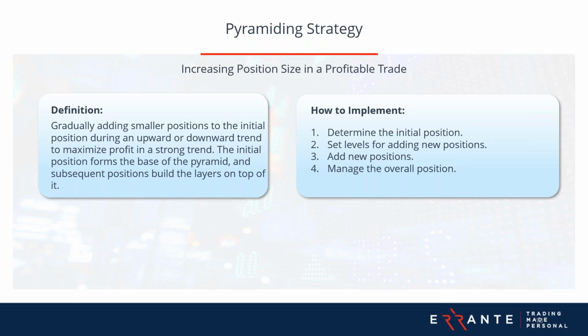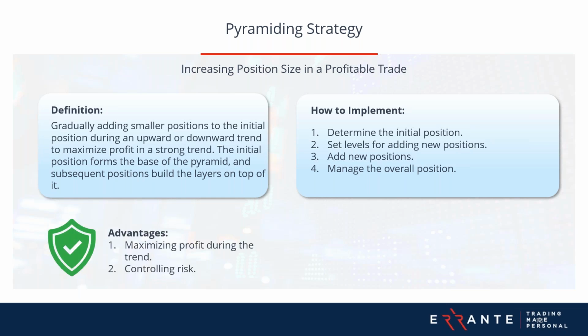This is one step we can take. For example, after adding the second position at 1.1050, you might move the stop loss of the initial position to 1.1025 if that's a technical level to secure some profit, okay? And this ensures that even if the market reverses, your overall risk remains controlled and your gains are protected.